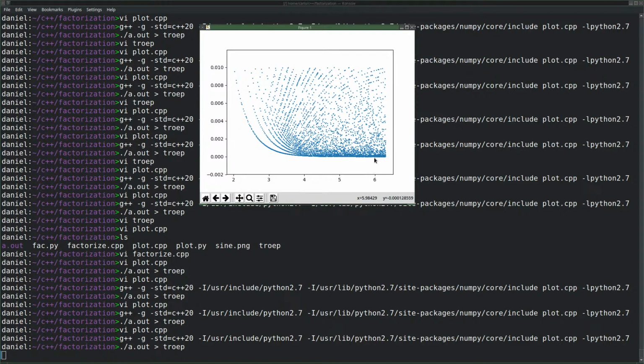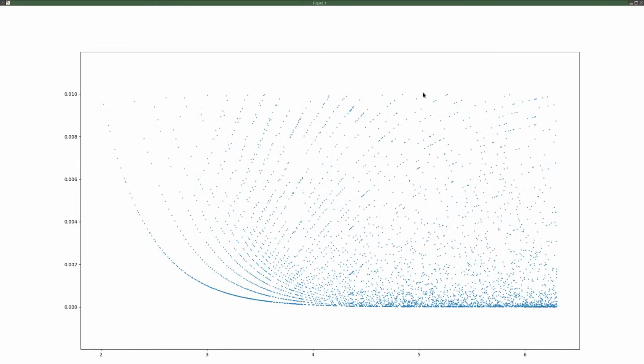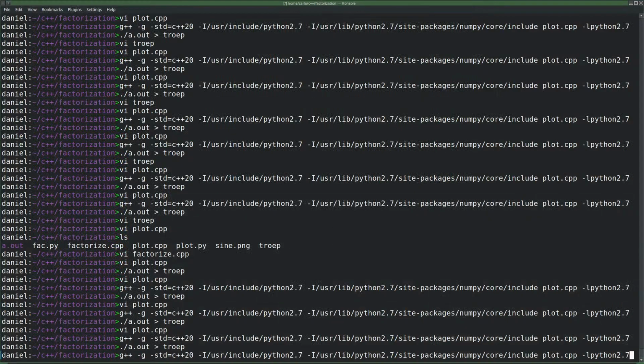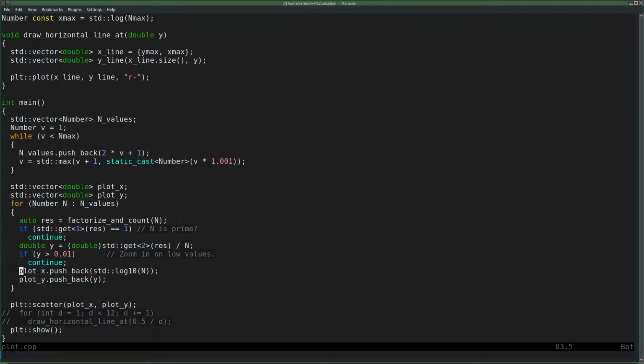Why? I thought I stopped at 1 million. This is a million, so why do we go to 10 million? Or what is it? That's not 10 million. Maybe it is 10 million. So it's still going near 0. Can I draw a horizontal line at 0? Not even get to see my x-axis.